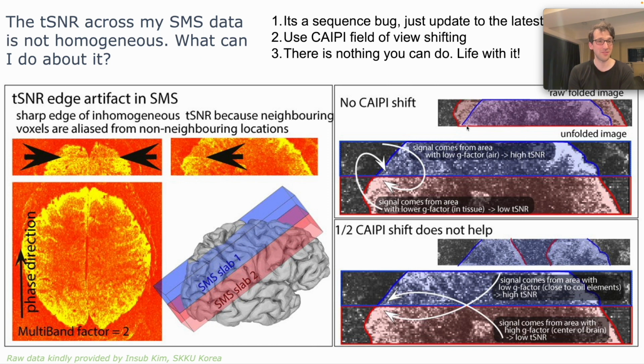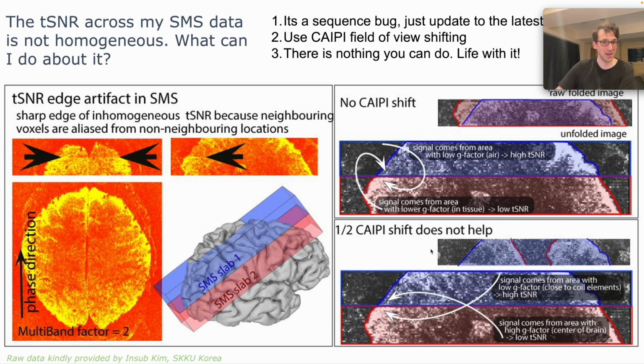So this means we have noise amplification. This is a G-factor. So the bottom of the top slab just has a larger G-factor compared to the top of the lower slab, because the top of the lower slab is actually aliased from air, from nothing up there, right? So the G-factor is not as bad here. There's no noise amplification. And this basically means that we always have, without CAIPI, a lower TSNR at the bottom of the top slab compared to the top of the bottom slab.